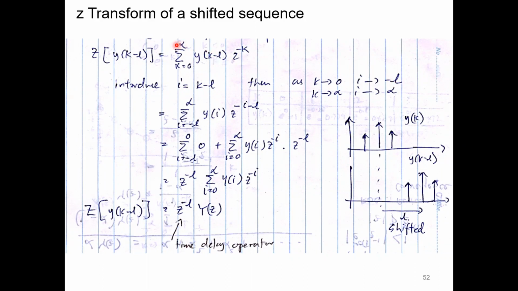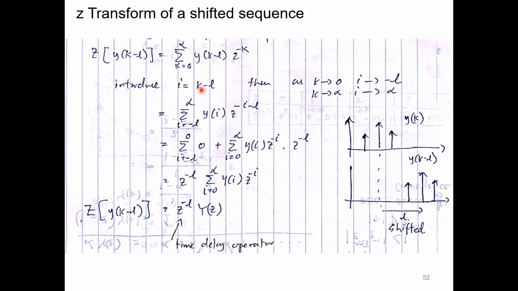On the other end, as k goes to infinity, i goes to infinity as well, because infinity minus L means again infinity. So these are the new corresponding limits for i. Now I can write this as the summation over i from minus L to infinity of y(i) z to the minus k.